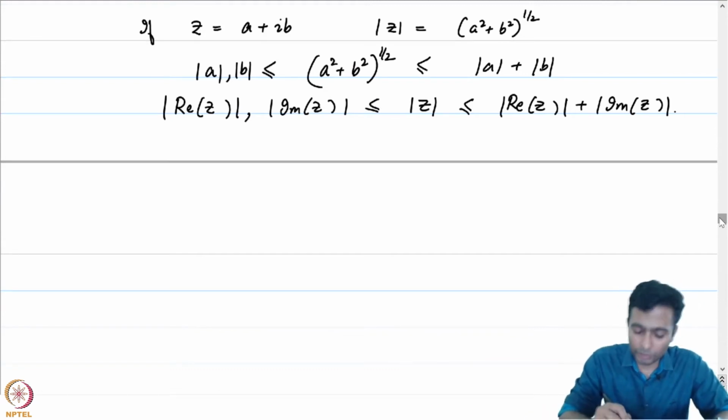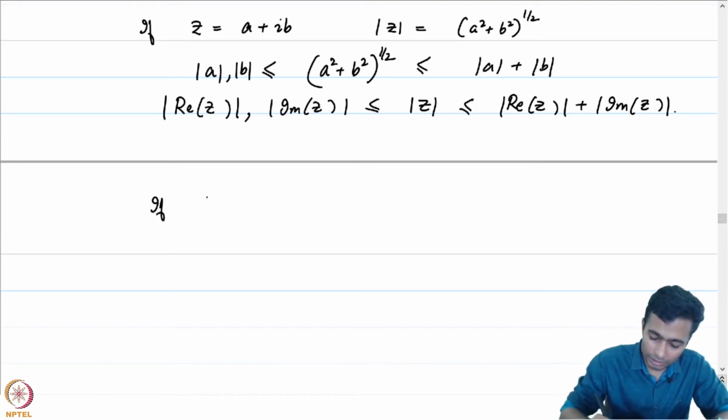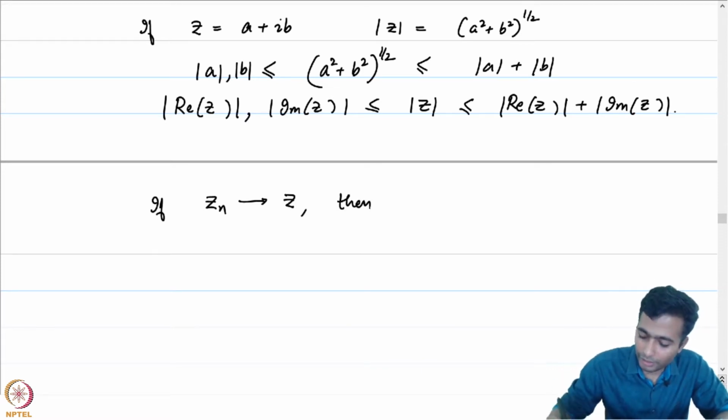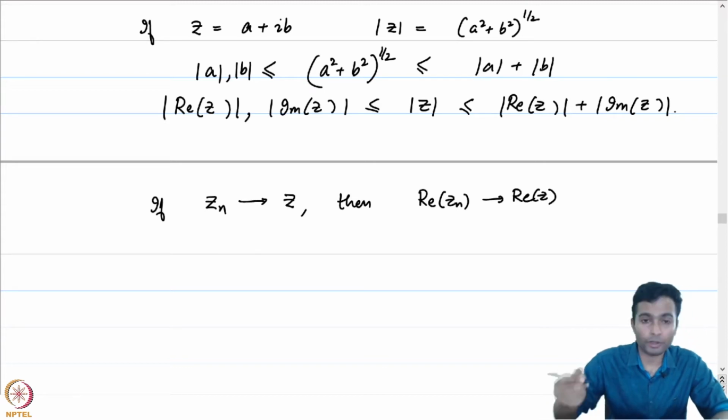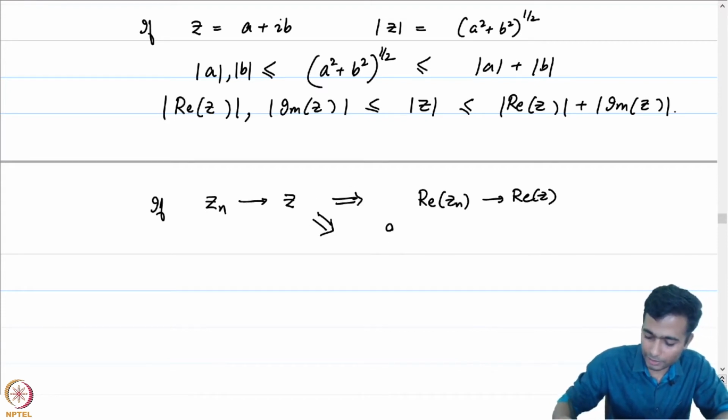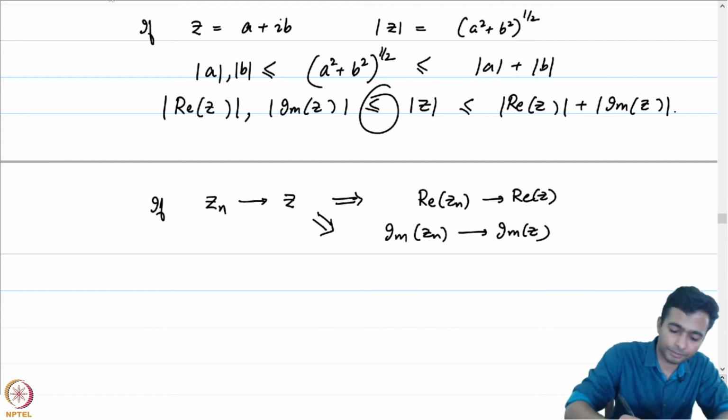Now, because of these inequalities, if Zn is a sequence of complex numbers which converges to Z, then we immediately have that the real part of Zn converges to the real part of Z. And we also have one more implication, which is that the imaginary part of Zn converges to the imaginary part of Z. This is coming from this inequality.